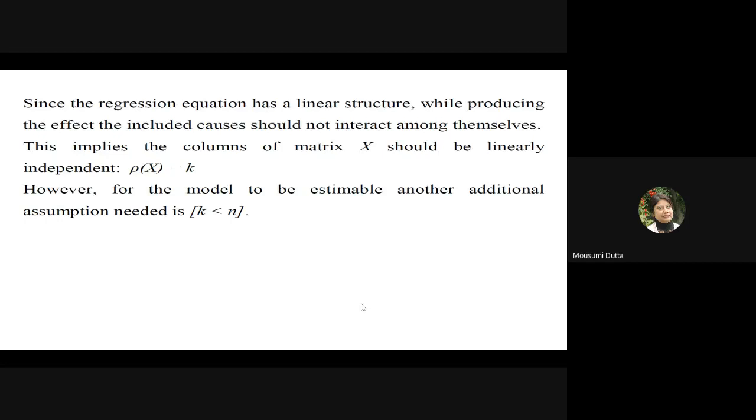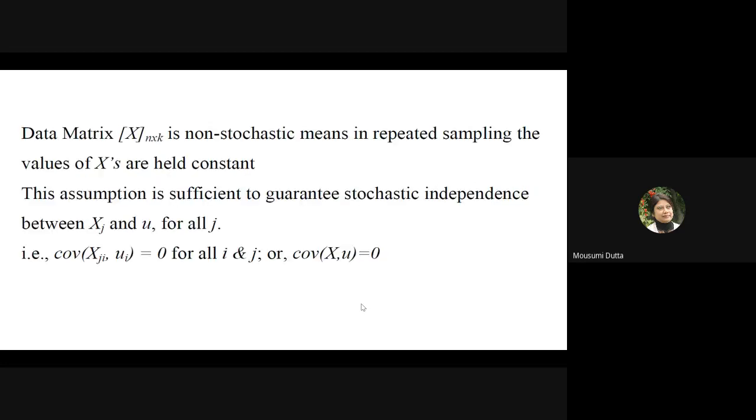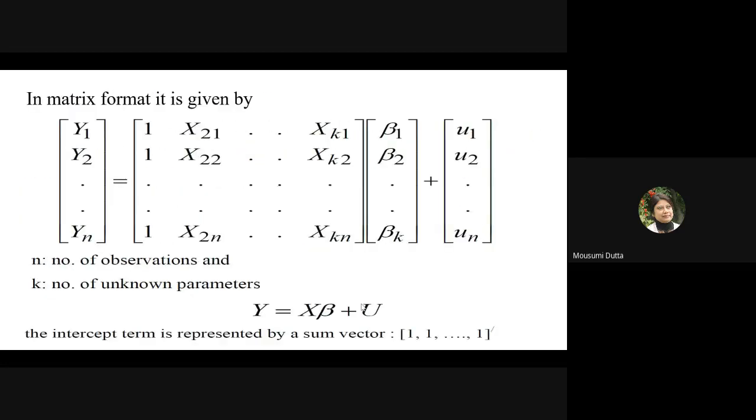So this assumption was not there in the context of a two variable analysis. We are incorporating it once we move towards the multiple regression model. Now what we require is that columns of the X matrix should be linearly independent to each other.